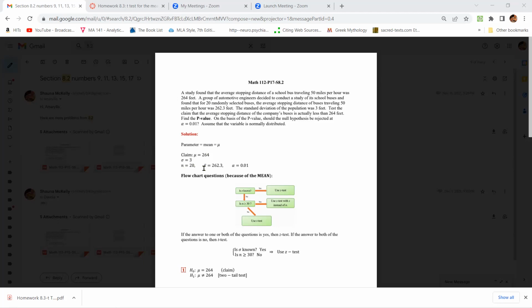Now, in this case, the other problems that we've done have all been double yes. Yes, yes, use the Z. There's another case where we use the Z, and that is if we get this first: is sigma known? That's an automatic Z, regardless of how big the sample size is, okay? When we get to the t-test later, we won't have sigma in the problem.